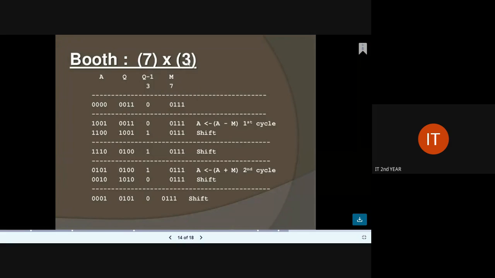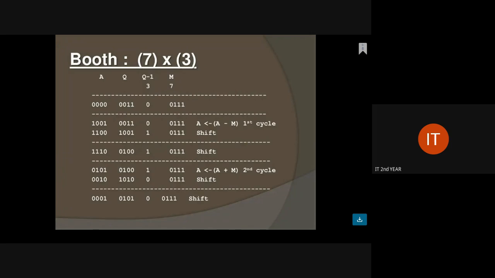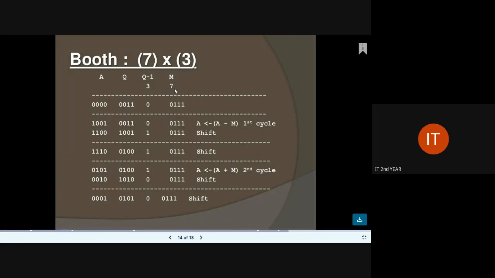So here we have 7 and 3. 7 is the multiplicand and 3 is the multiplier. Just listen carefully: 7 is the multiplicand and 3 is the multiplier. So the multiplicand will be represented as M and the multiplier will be represented as Q. That's it. Now we have to count the bit values.